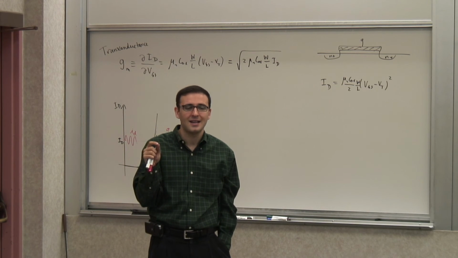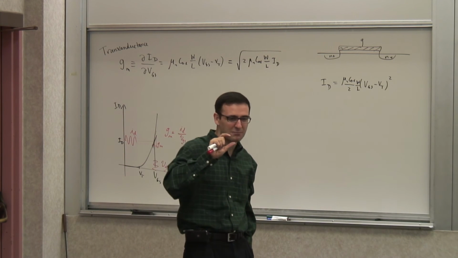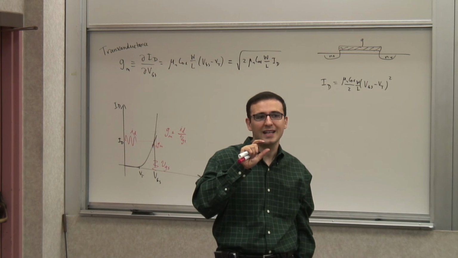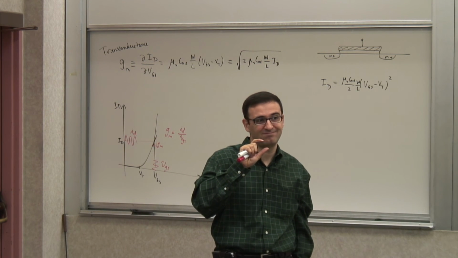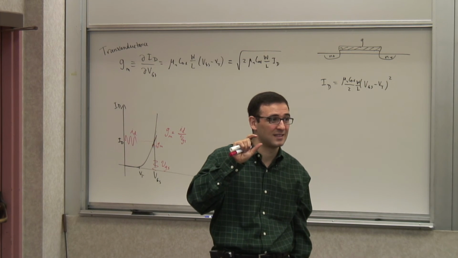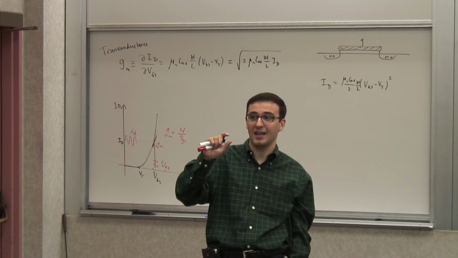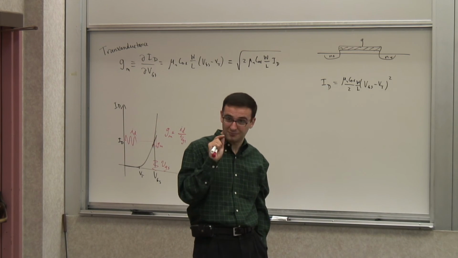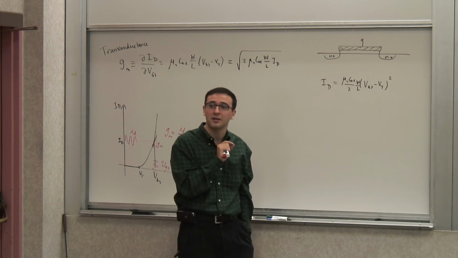Silicon dioxide lattice spacing is about 3 angstroms, so that's something like 5 or 6 atoms. So the gate oxide today is literally about 5 or 6 atoms thick, and it's even becoming thinner and thinner.